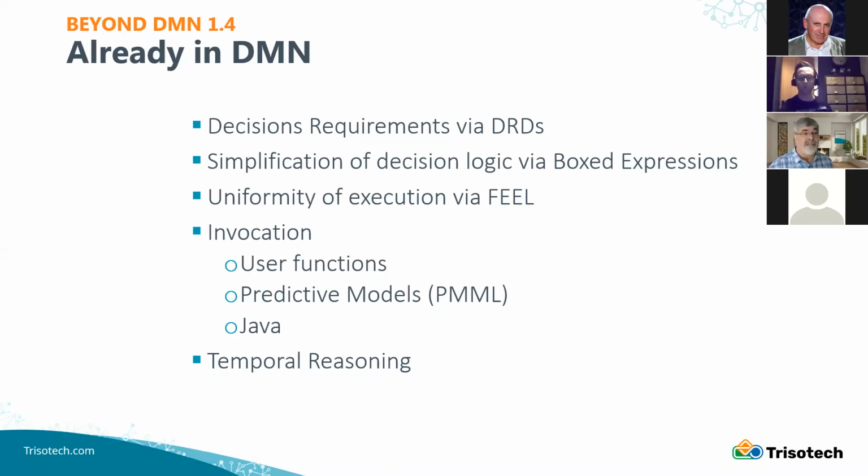We have that capability within DMN to invoke predictive models and use those predictions right within the model. We also have in DMN the capability of invoking Java methods and classes. So that's already there. And we also already have the support for temporal reasoning in DMN. So maybe people are not quite aware that all this already exists in DMN.